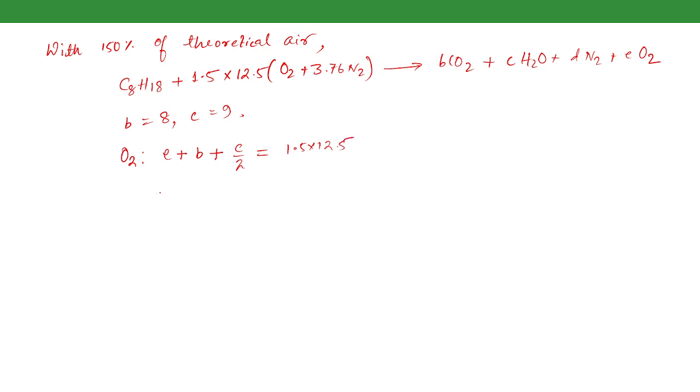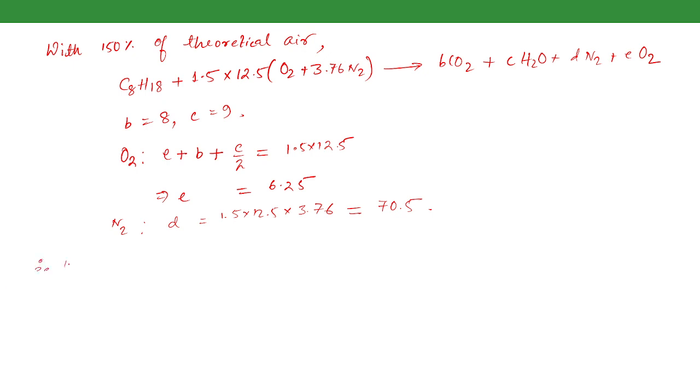So from here we can write E to be 6.25, that is 6.25 moles of oxygen is in excess here. And for nitrogen, D equals 1.5 into 12.5 into 3.76. So D will come out to be 70.5.